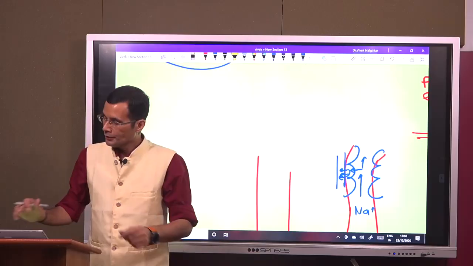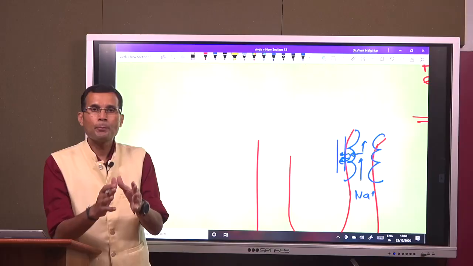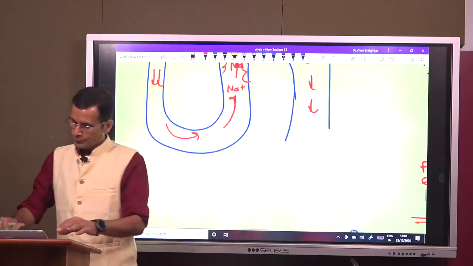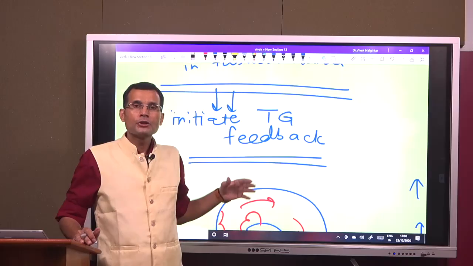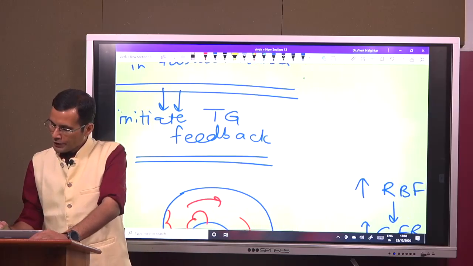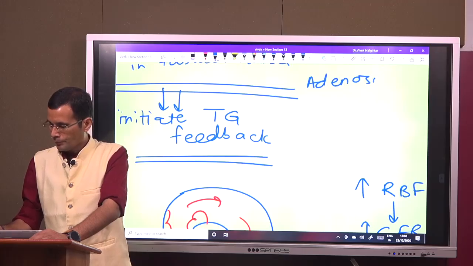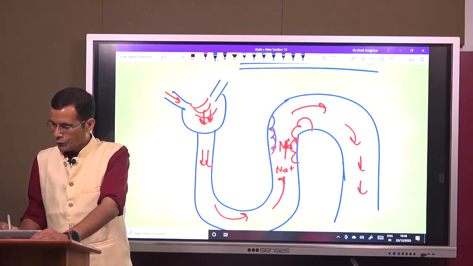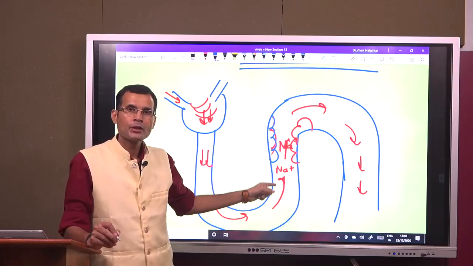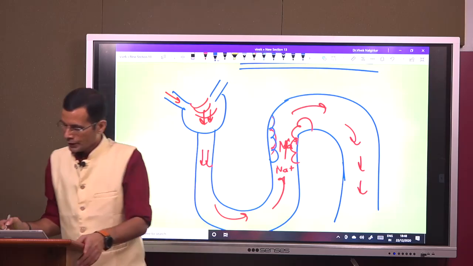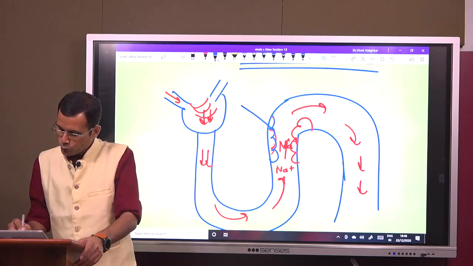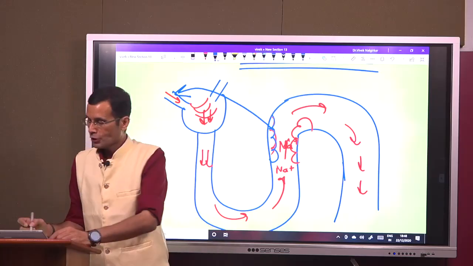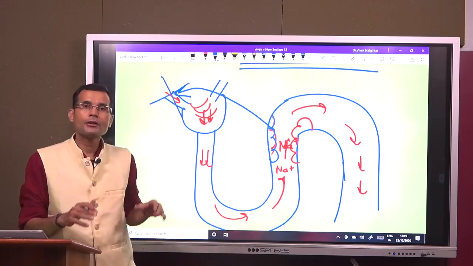And this adenosine is the important ligand in the tubuloglomerular feedback. So, tomorrow they can ask you, what is the ligand involved in tubuloglomerular feedback? One ligand is adenosine. Now, this adenosine which is formed here during the reabsorption of sodium and the ATP breakdown will go to the afferent arteriole and cause constriction of the afferent arteriole.